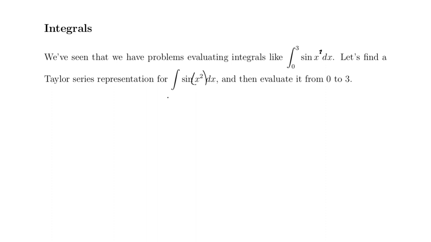Cool. The integral of sine of x squared, and evaluate it from 0 to 3. So we'll find the Taylor series representation for sine of x squared. We'll antidifferentiate each term, just like we did before, and then we can evaluate that antiderivative from 0 to 3. So as a reminder, sine of x is this nice Taylor series here.